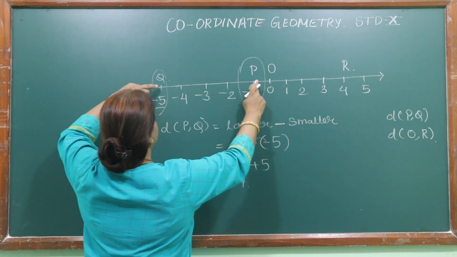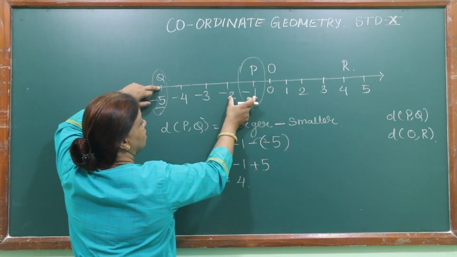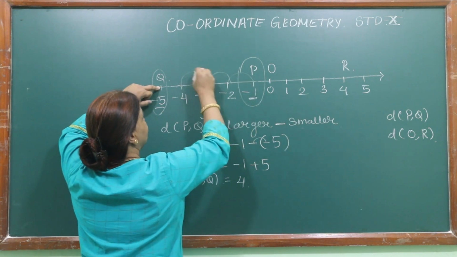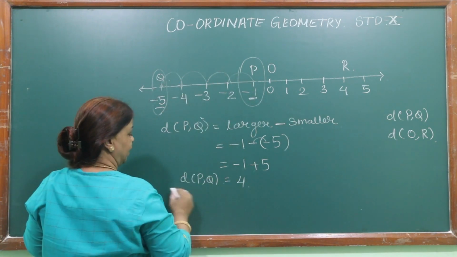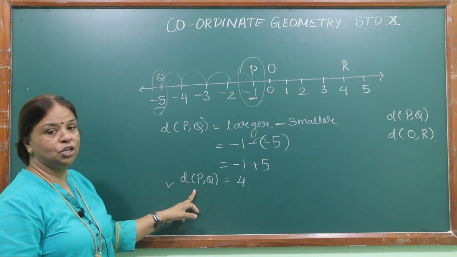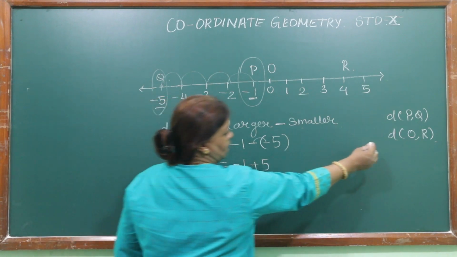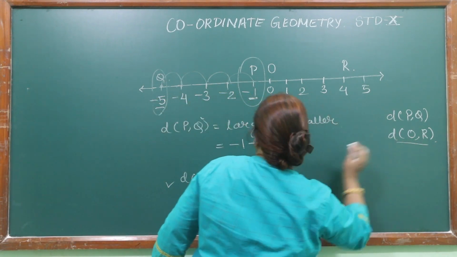Now see P and Q, count the units: 1 unit, 2 units, 3 units, 4 units, and we got the distance between PQ as 4 units, children. Now see distance OR as it is given.